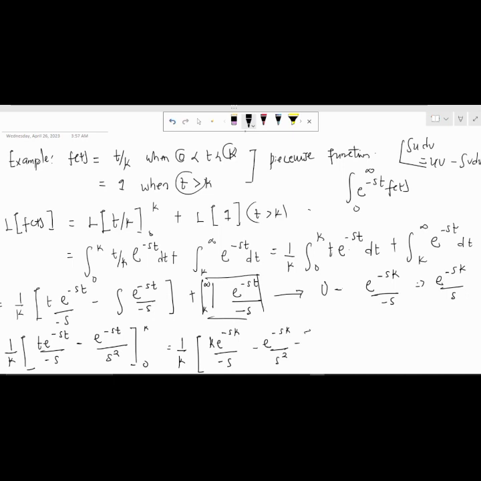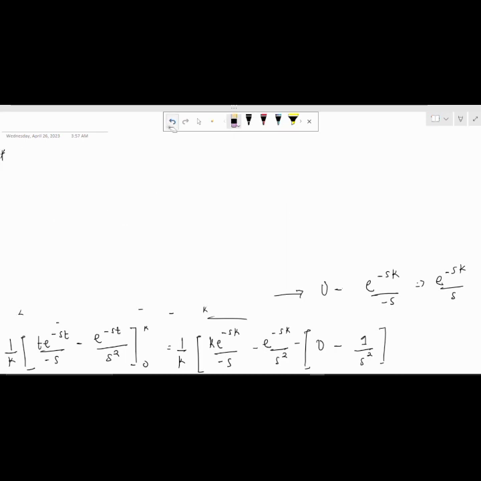You have minus this 0 minus e raised to power minus sk over, this is 0 now, so we have 0. Let's just put 1 there. So let me put this as 1. So I have 1. So a few seconds, let me wrap this up.